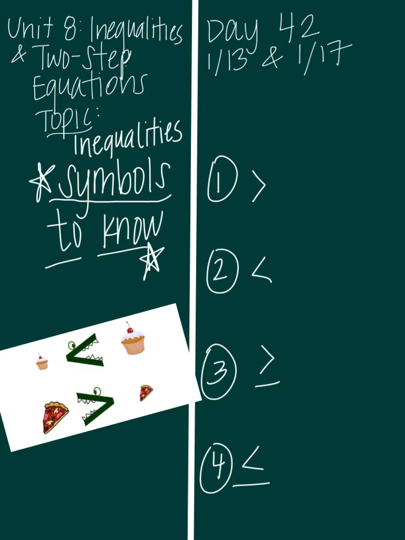Alright, today's topic is on inequalities. I put the picture down here of the alligator because back in elementary school I know that you're all told the alligator eats the bigger number.